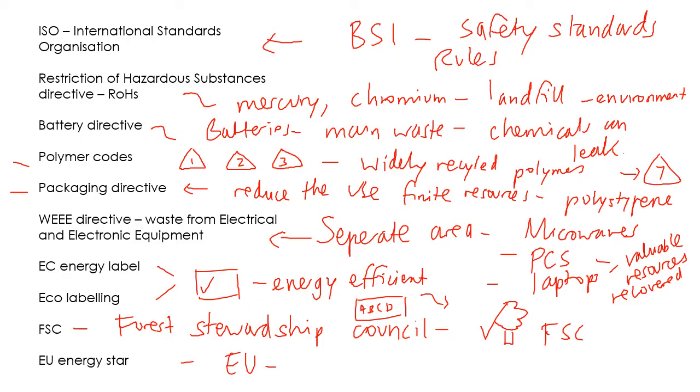So it's a good example of an energy efficient product. So it's a label, a sticker that a product would be able to achieve. And by getting all of these stickers, obviously you are going to improve your sales because customers want products that are more energy efficient and better for the environment.